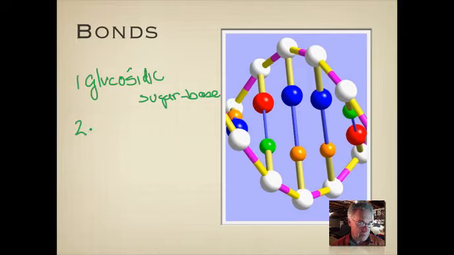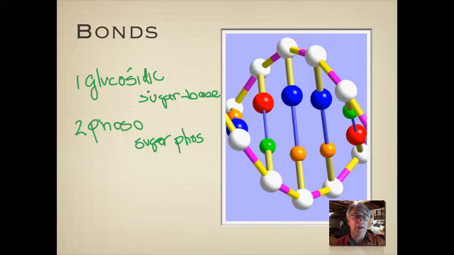The second one is called a phosphodiester bond. I'll just call it phospho. What that does is join a sugar to phosphate. When we look at a glycosidic bond, it's the base versus the sugar, and it's going to be this bond right here.